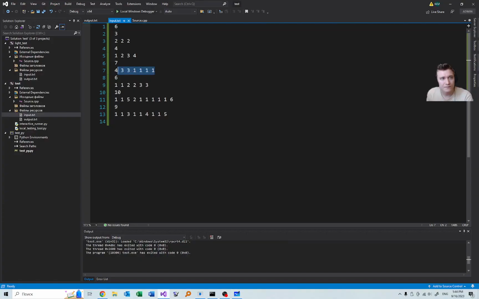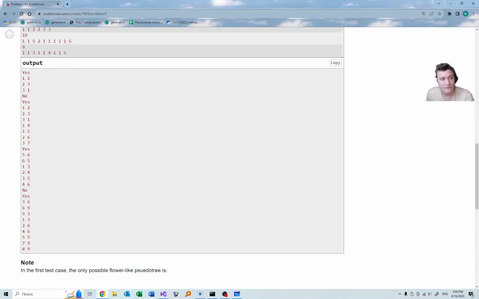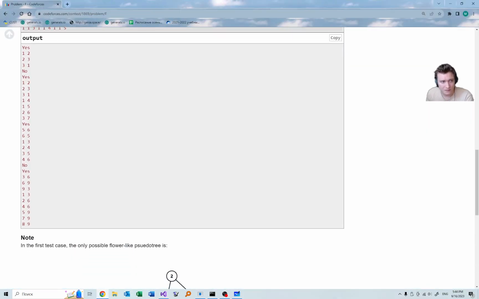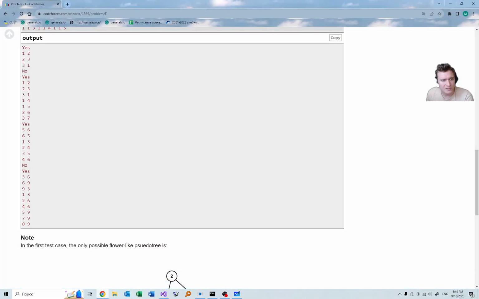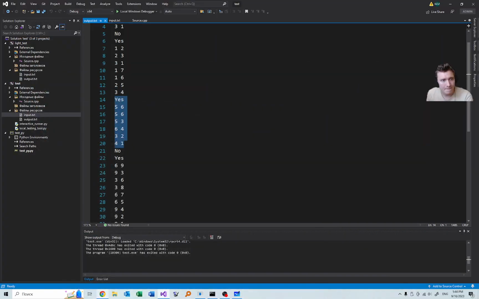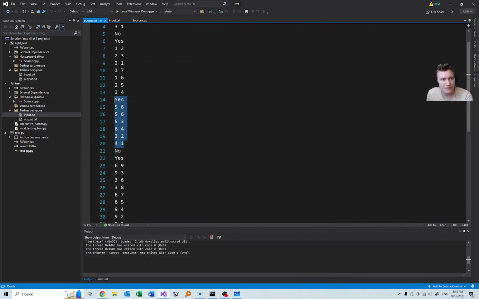Let's go on. The next thing is this one. 5, 6, 5, 6, 5, 3, 6, 4, 3, 2, 4, 1. And here we have almost the same, but instead of these two edges, 1, 3 and 2, 4, I have 3, 2 and 1, 4.